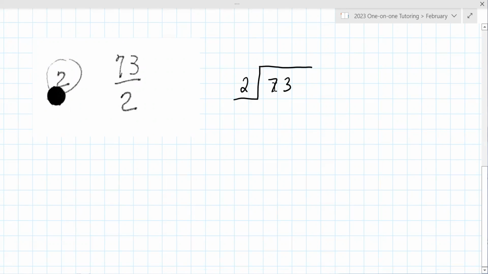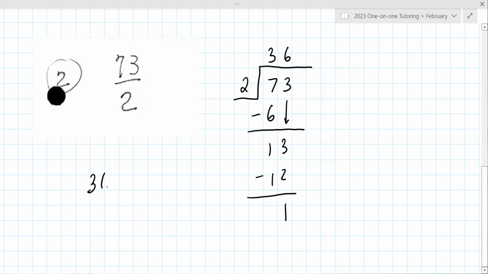So 2 goes into 7 3 times. 3 times 2 is 6. Subtract, bring the 3 down. 2 goes into 13 6 times. 6 times 2 is 12. Subtract, and you have 1. So this is important: you have 36, and then your remainder goes up top here. And then you bring the number down.